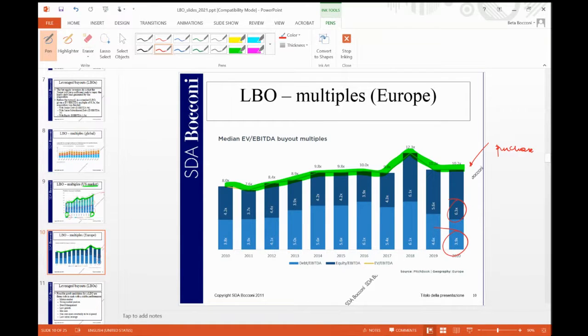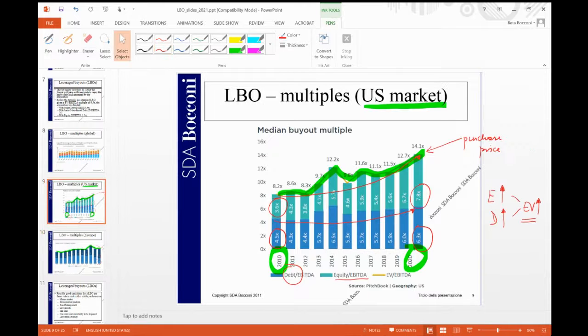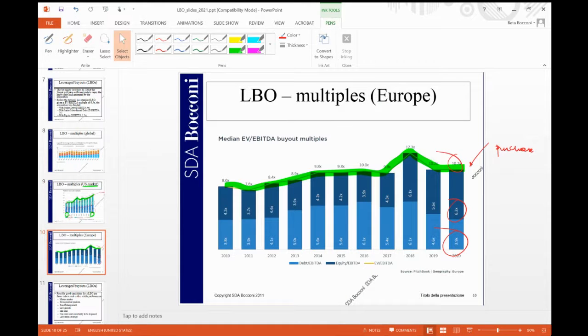If you compare the situation of Europe with the US, you immediately notice that, first of all, multiples are lower than the American ones. So it seems that the market is a little bit quieter than the American one.